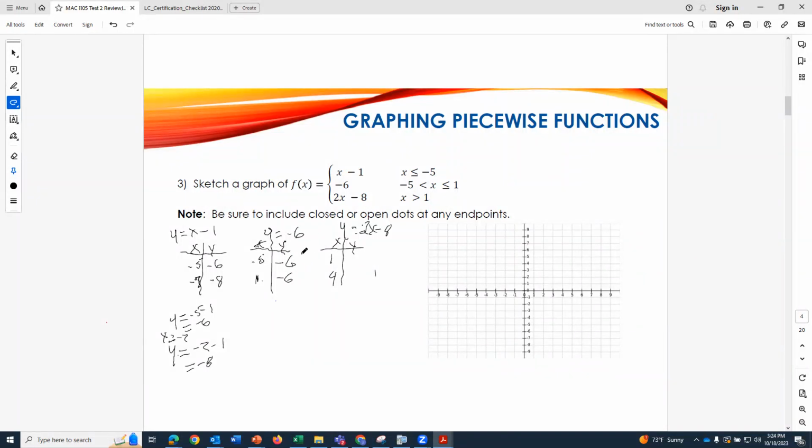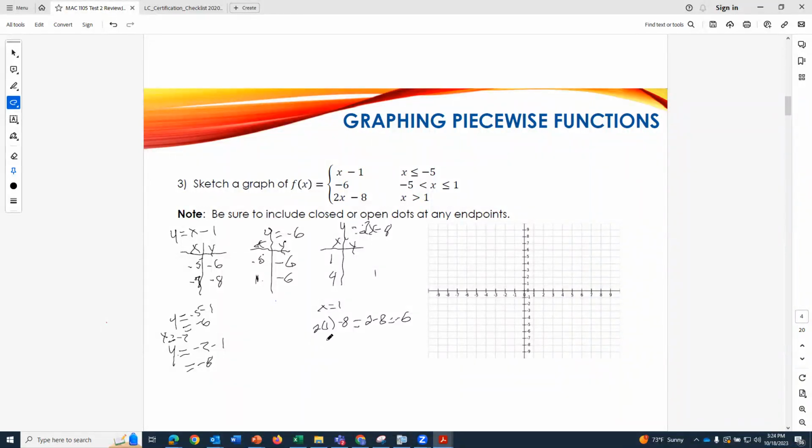That's a straight line. That's a horizontal line function. And this one will be, for x equals 1, 2 times 1 minus 8, and that should be 2 minus 8, which is -6.